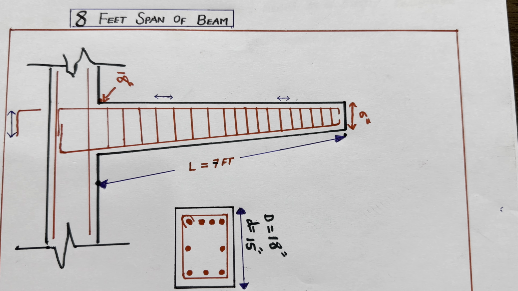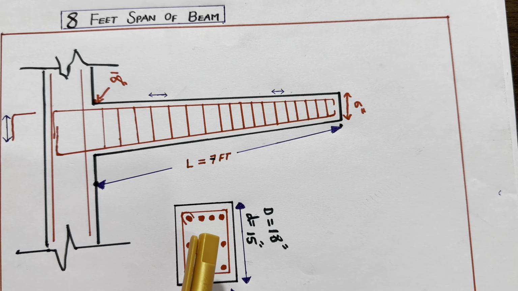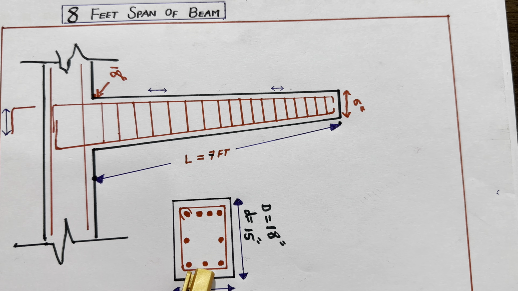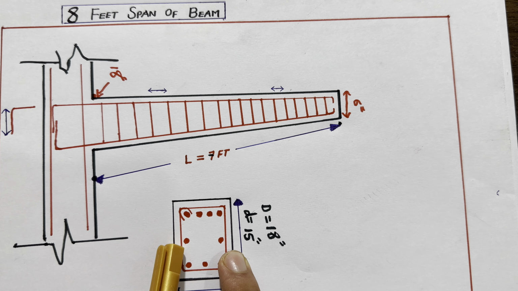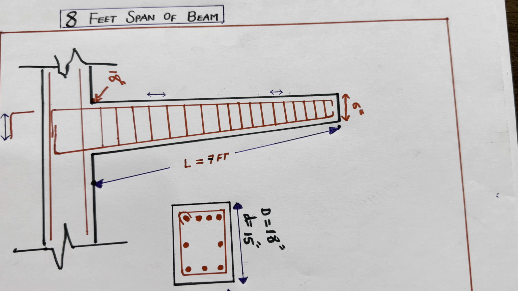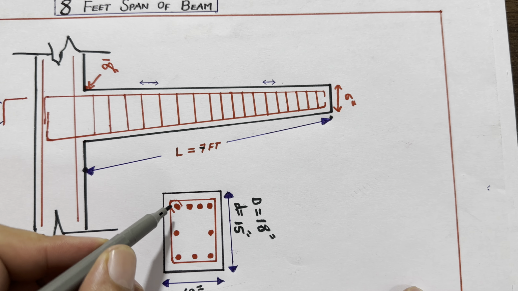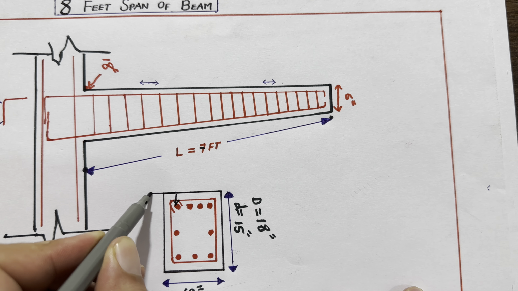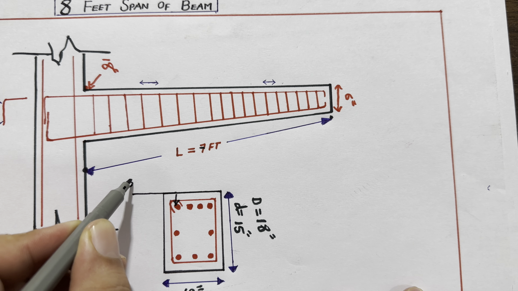Next guys, we have 4 bars at the upper portion and 3 at the bottom, and 2 are side bars, or supported bars, you can say. If you see, the upper portion steel reinforcement bars should not be less than 16 millimeter dia.